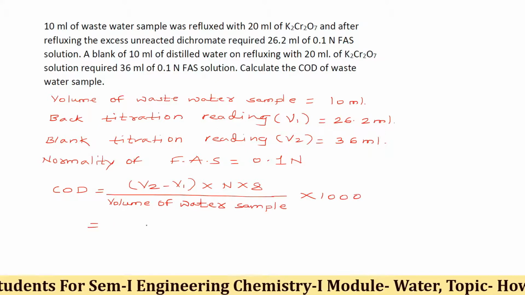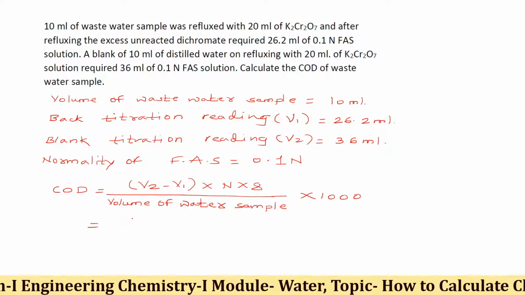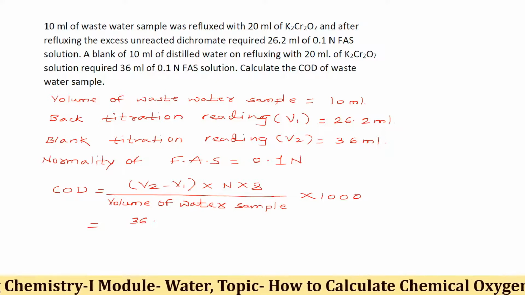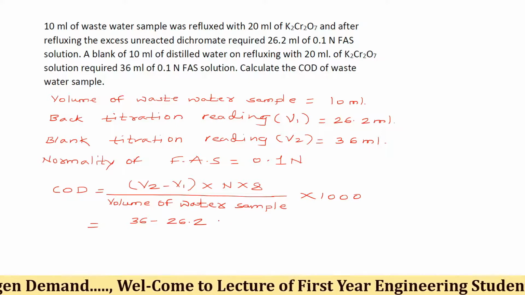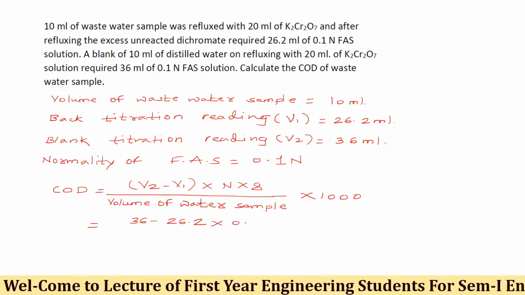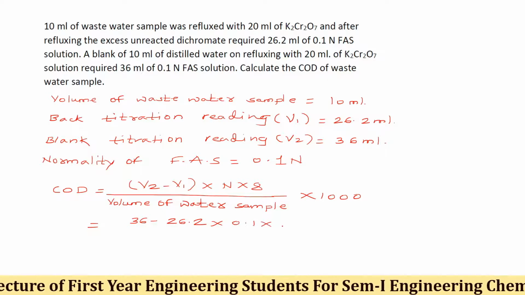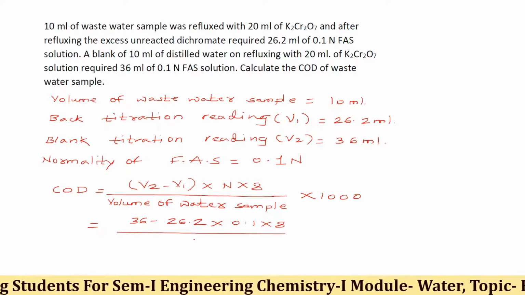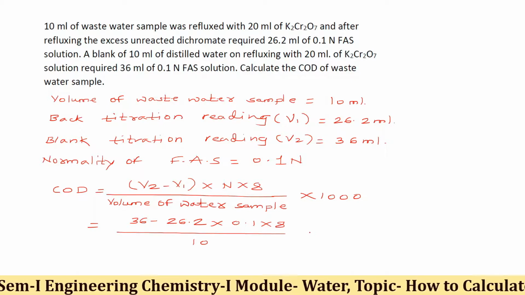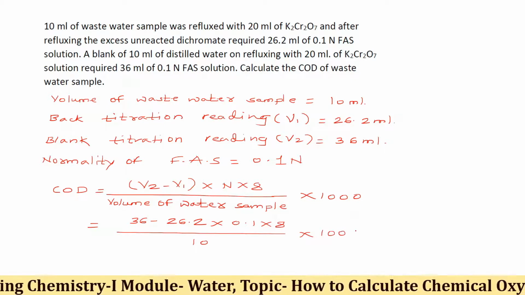So put the values in the formula. V2 is 36, V1 is 26.2, into 0.1 into 8, upon 10, into 1000.